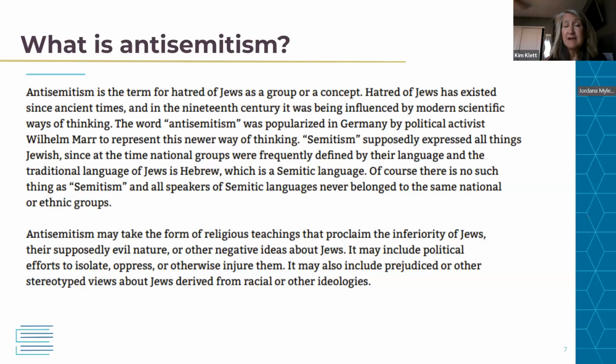So first of all, and again, you can unmute or put it in the chat box, any thoughts or questions about this very brief definition? I liked it because it is succinct. Any questions or thoughts on this definition?